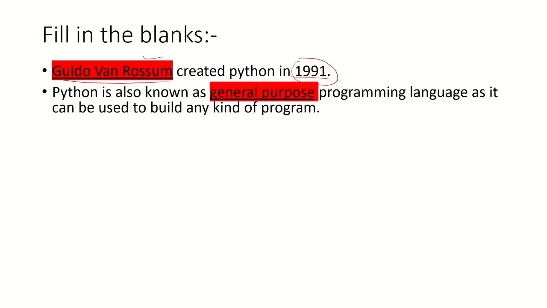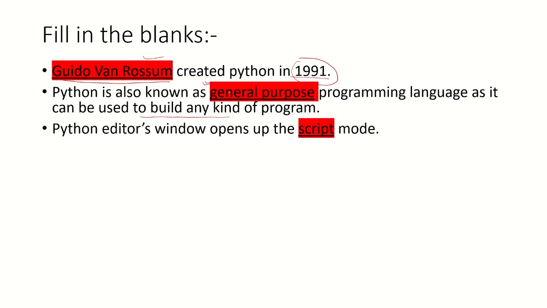Python is also known as a general purpose programming language as it can be used to build any kind of program. So the second answer is general purpose. Third one, Python editor's window opens up the script mode. And what is the significance of this script mode? That you can save and write multiple lines of code.